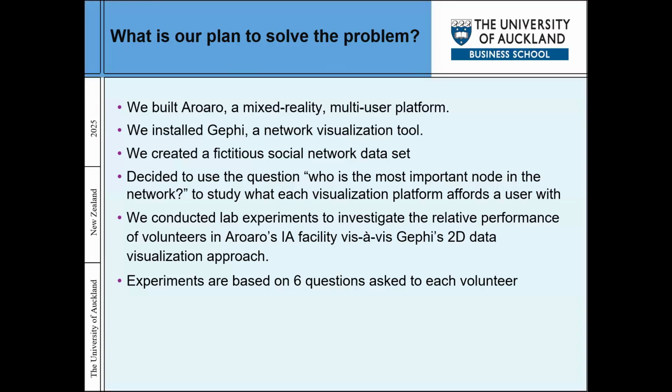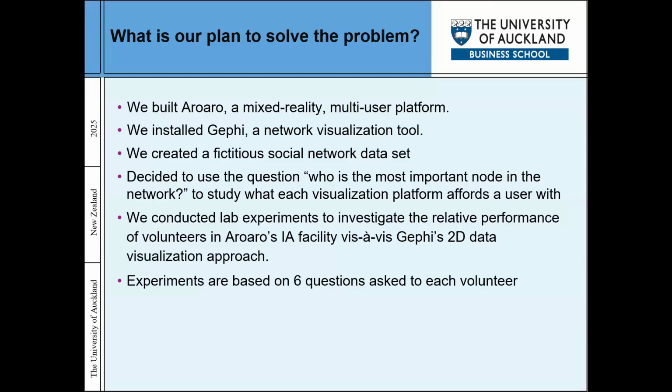So what is it that we've done to reach our objectives in this research? Well, let me just say again, we built that RO tool as a mixed reality multi-user platform. We also use a commercial tool, Giphy. It's a network visualization tool. It's not a graph database.